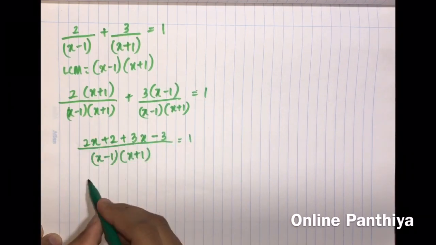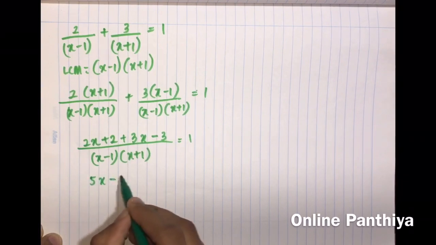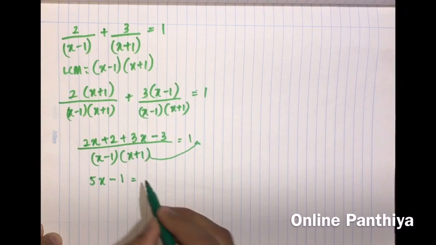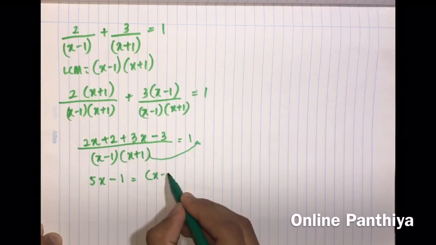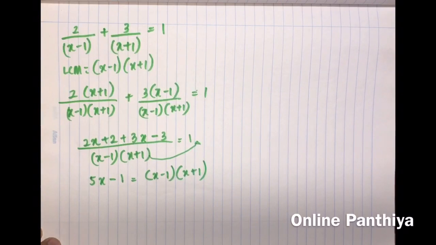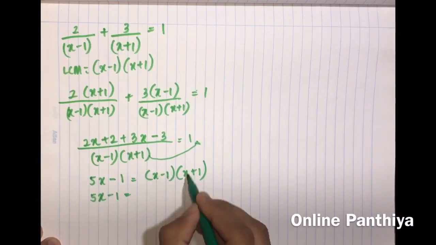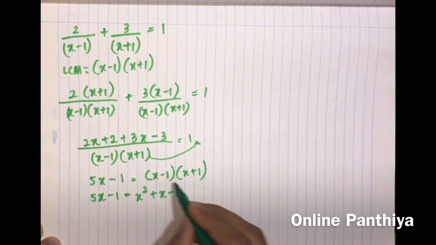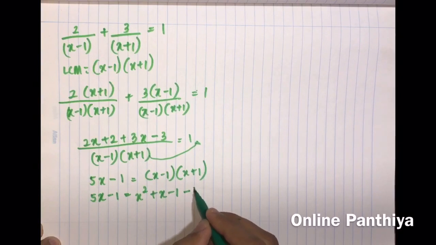3 plus 2 is 5x minus 1, and I can take this denominator to the other side, that is going to give you x minus 1 and x plus 1. Is that clear? Yes. Now let us expand. How do we expand? x squared plus x minus x minus 1.